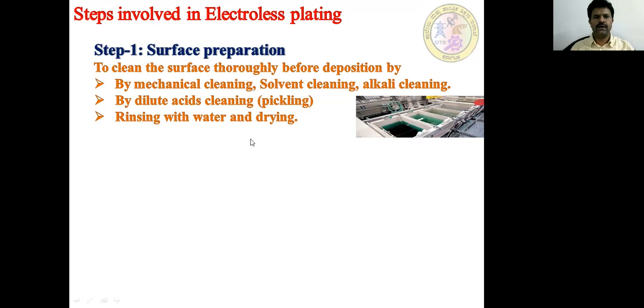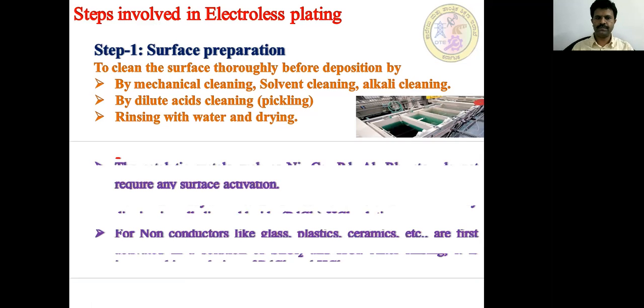After that, the substrate is again cleaned with dilute acids, that is called the pickling process, to remove any inorganic impurities or inorganic oxides present on the surface of the substrate. Afterwards, it should be rinsed with distilled water to remove any residual acids present on the surface. And finally, it should be dried. That is the cleaning step, that is surface preparation.